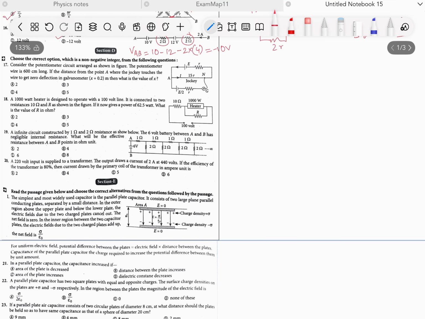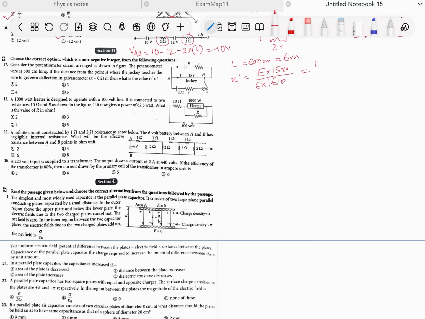Now question number 17. It is a figure with a potentiometer. So consider the potentiometer. The potentiometer wire length L is given as 600 centimeter, so we can write it as 6 meter. Okay. Now from this point, the potential gradient x dash will be E into 15R by 6 into 15R plus R, means 16R.